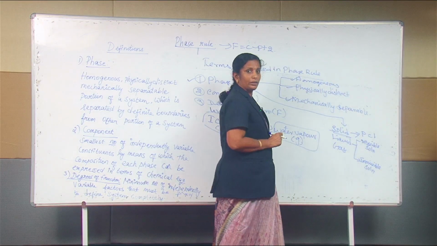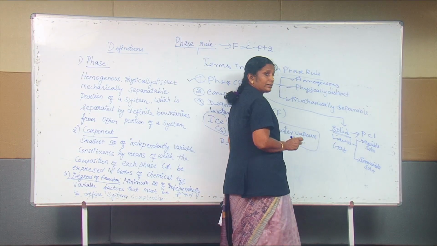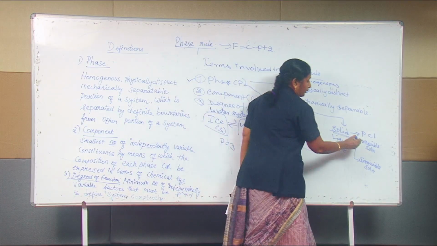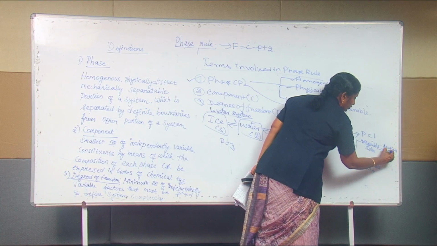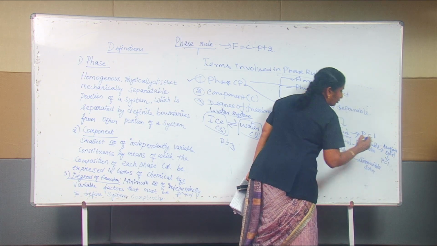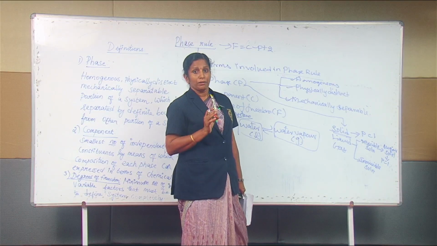Miscible solution, for example, take sugar solution. The number of phases in sugar solution is equal to 1, because in the sugar solution, the sugar and water are completely miscible.